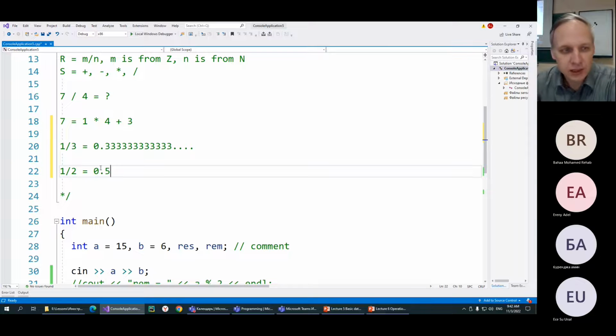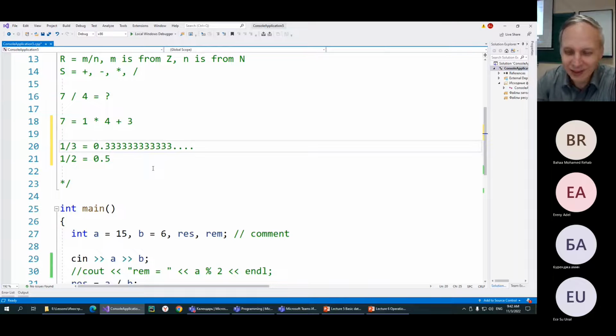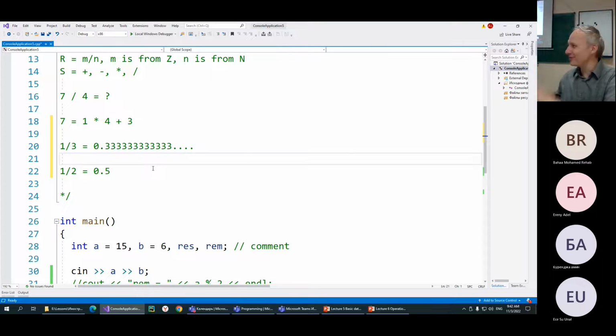I don't want to go into more details now, because in computer arithmetic we should remember that all numbers are stored in binary form, not even decimal.